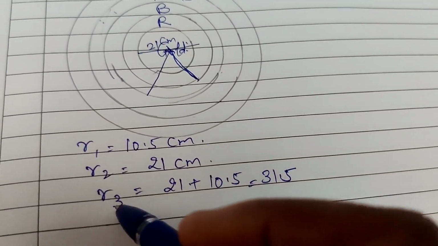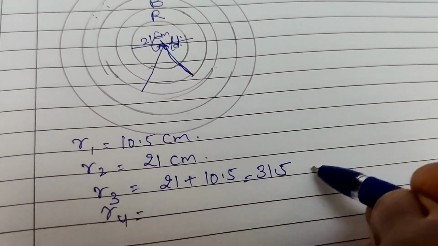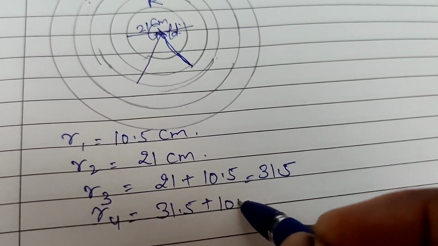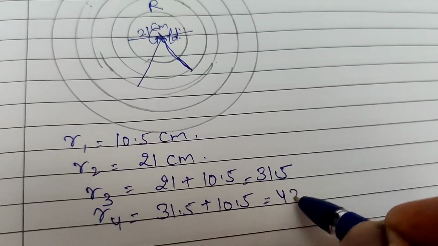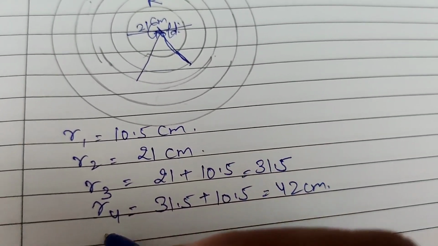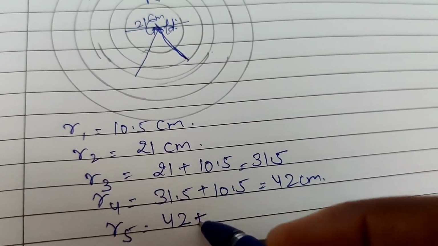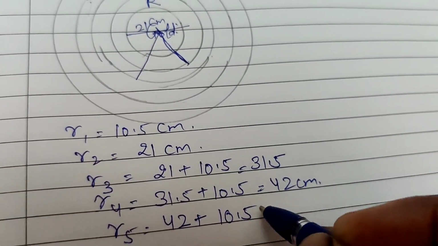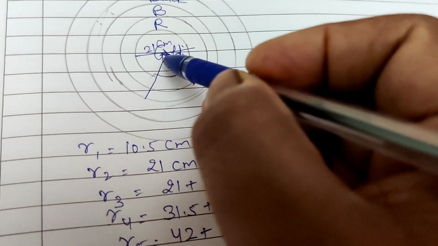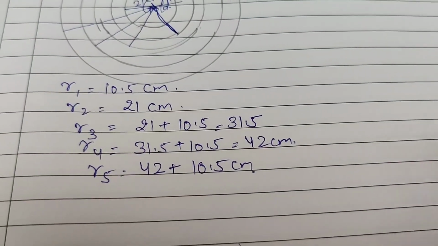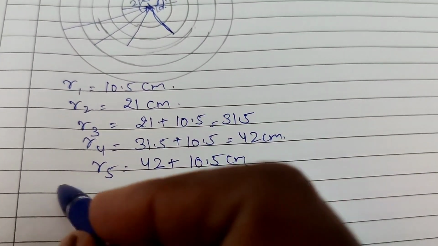Now the next, R4, is 31.5 plus 10.5, it means 42 centimeter. And the last, R5, the radius for the white region, is 42 plus 10.5. These are the 5 radii. Now the circumferences of all the regions.